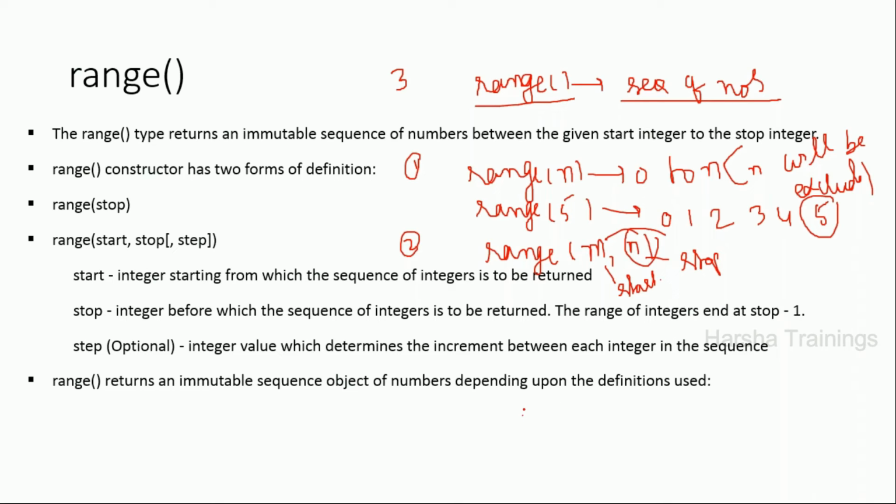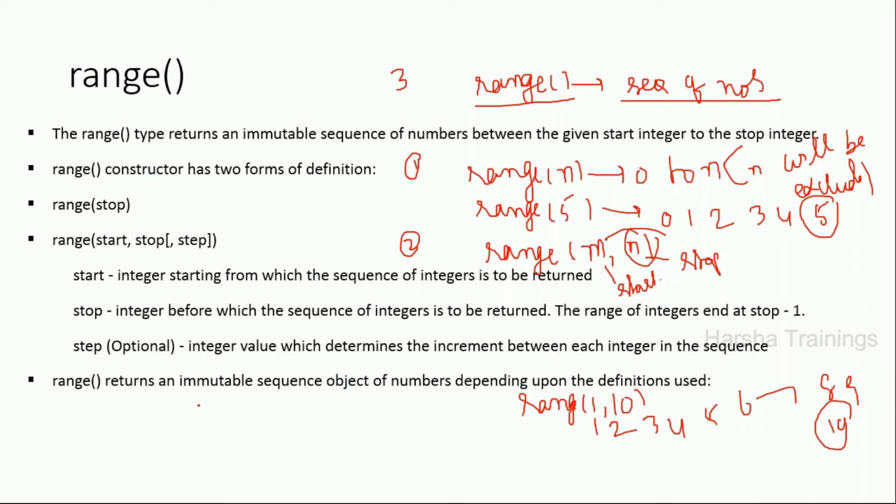A simple example: range of 1 comma 10. It will start with 1, then 2, 3, 4, 5, 6, 7, 8, 9. 10 will not be included. This is the second syntax. Clear for everyone?